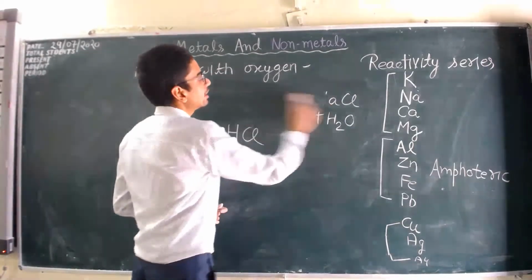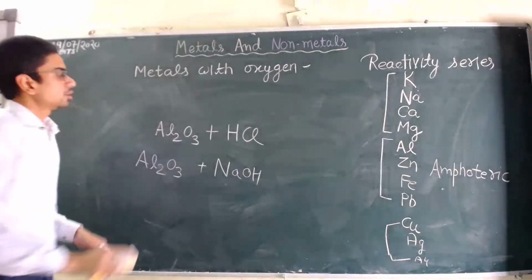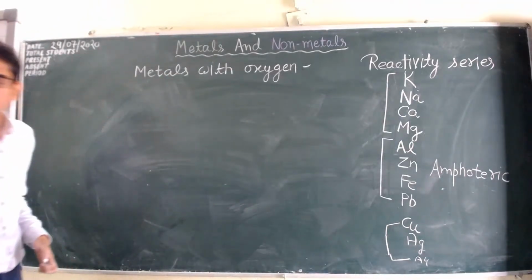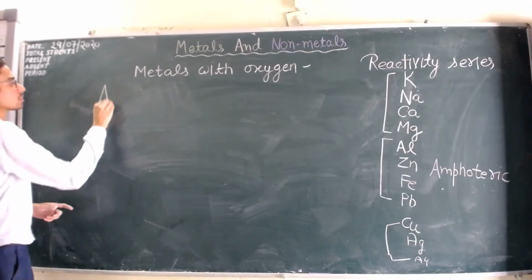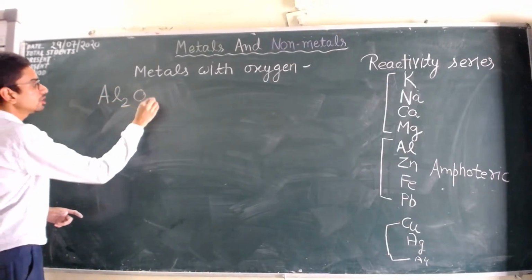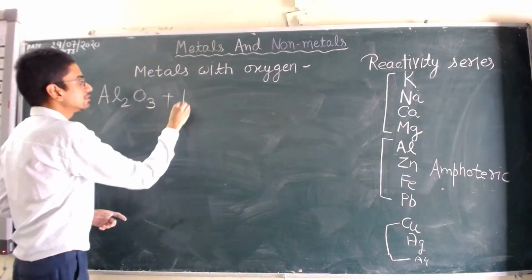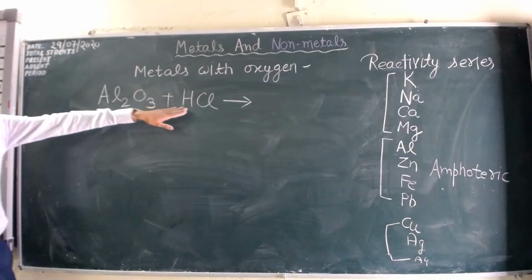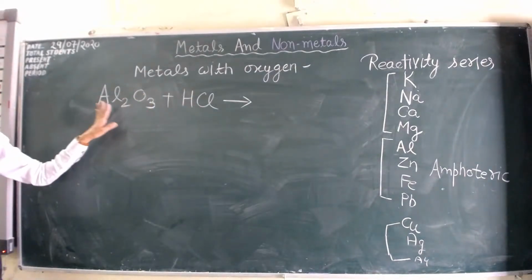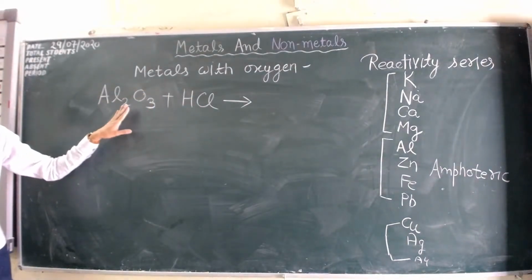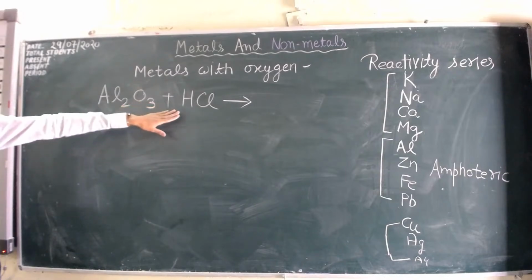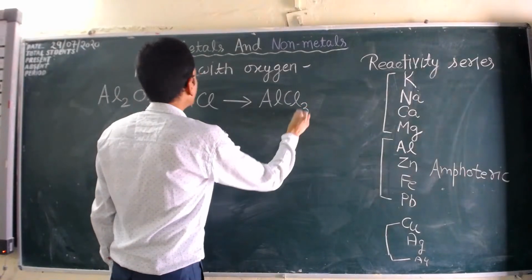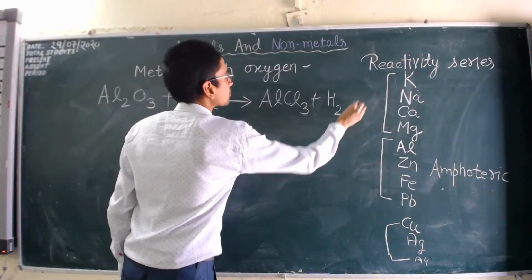So how will the reaction take place? First we take this reaction, aluminum oxide plus hydrochloric acid, Al2O3 plus HCl. Okay, this is acid, and in this reaction, this aluminum oxide is acting as base. So it will form a salt, AlCl3, aluminum chloride plus water.